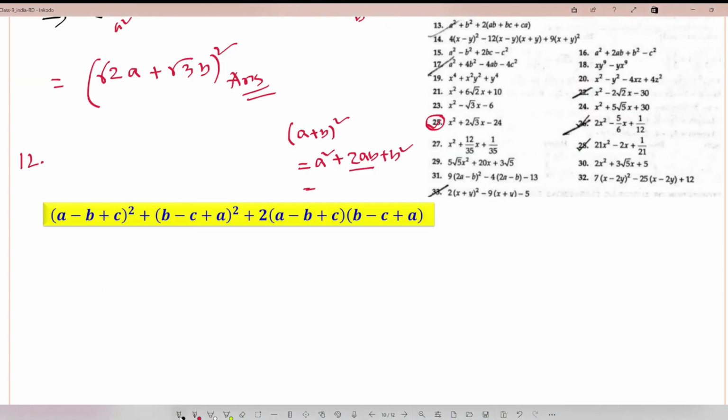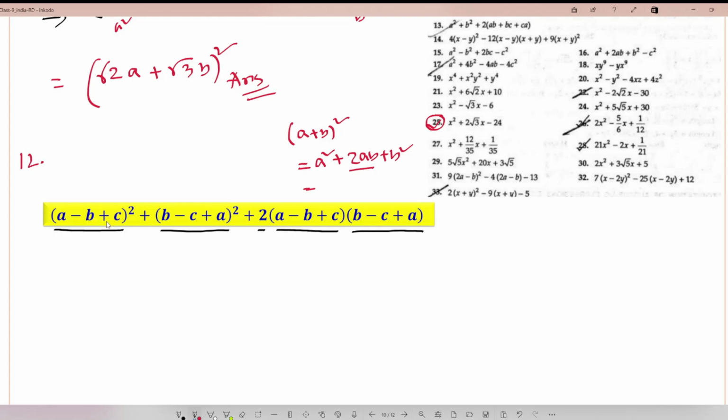Number 12. Here is a minus b plus c whole square plus b minus c plus a whole square plus 2 times a minus b plus c times b minus c plus a. Look, here is some similarity.